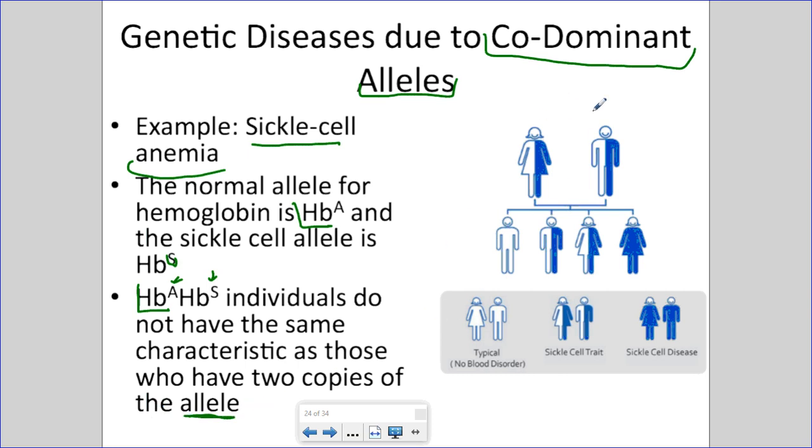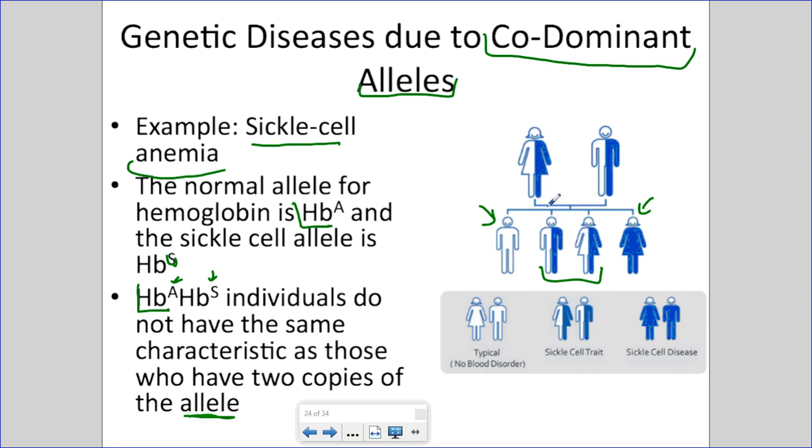So here we have two heterozygous individuals who have children. Here you have a person who has sickle cell disease. Here is a person who did not get the sickle cell allele, and then these children here are heterozygous. So they have one normal gene, one abnormal copy of that sickle cell gene.